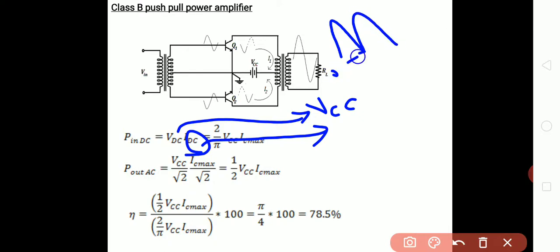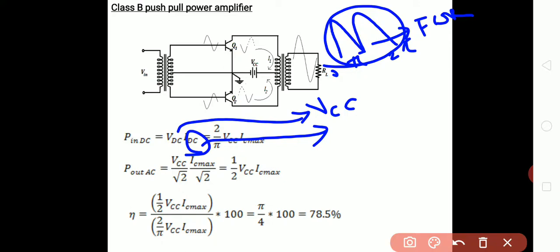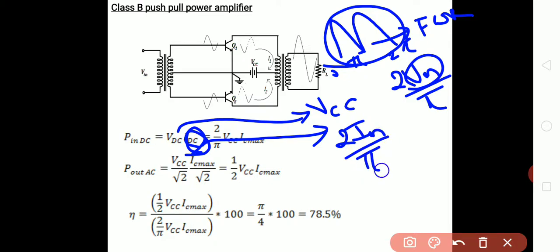So this is from 0 to pi and this is from pi to 2 pi. The current through the power supply is similar to a full wave rectifier, and the DC value of a full wave rectifier is 2 Vm by pi, where Vm is the maximum value. Hence the current IDC is given as 2 Im by pi, or 2 IC max by pi.